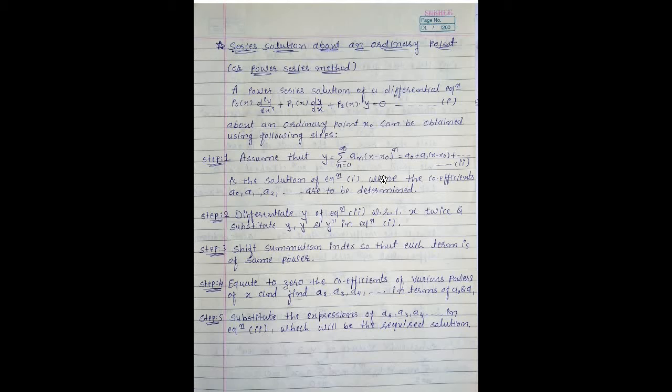Here a0, a1, a2, a3 are the coefficients that we need to determine. Why only these? Because x is our variable, and x0 is known, it is our ordinary point. So the remaining unknowns are only the coefficients, and our remaining method is to find these coefficients.